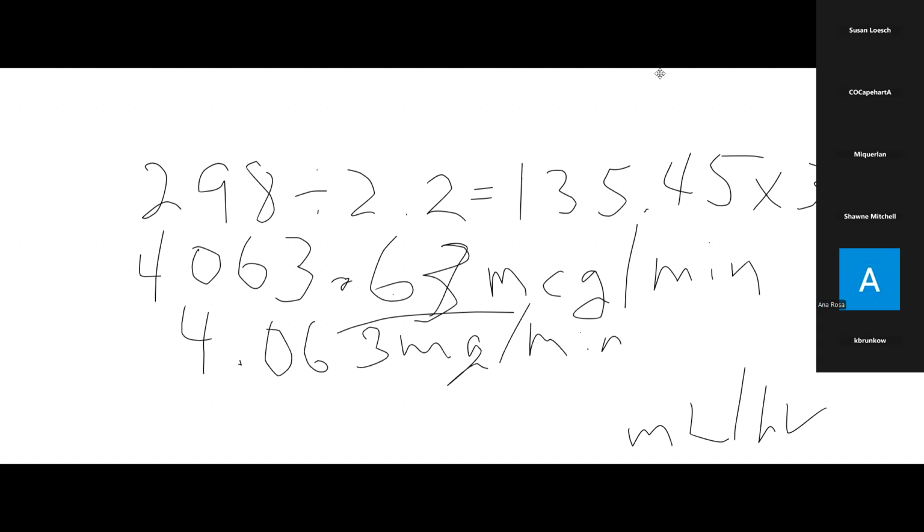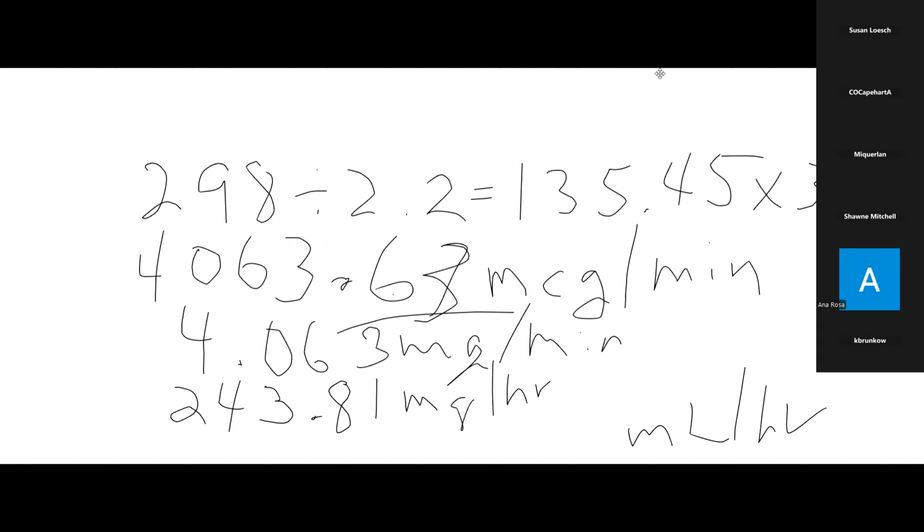Now we're going to convert it to an hourly rate. So you're going to multiply that number times 60. And that gives you 243.81 milligrams per hour, if you left the whole number in there. Remember, it's very important that you don't clear the calculator.